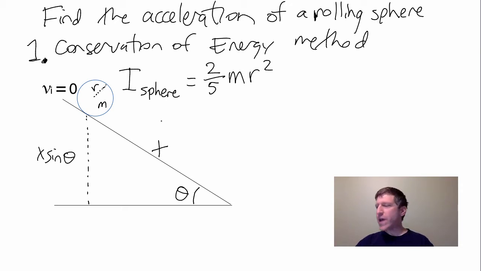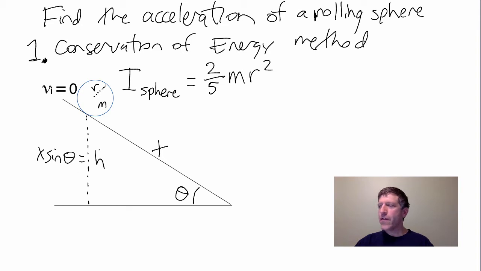And what we have is the bottom of the sphere. If this is distance x, this height that will be from the bottom of the hill, we can call this h. We can call this x sine theta, if that is an angle theta. And either one is good. We are going to determine this to start with using conservation of energy.